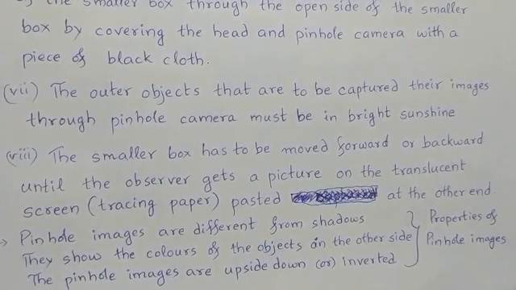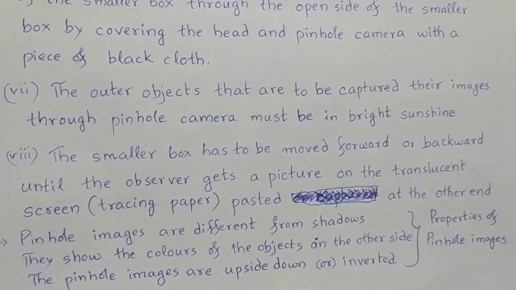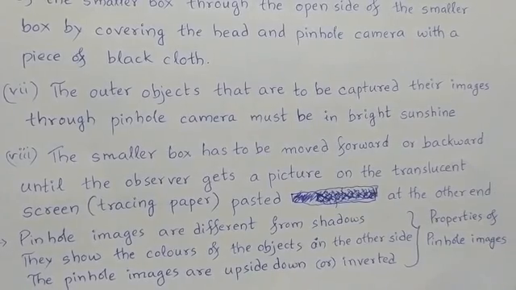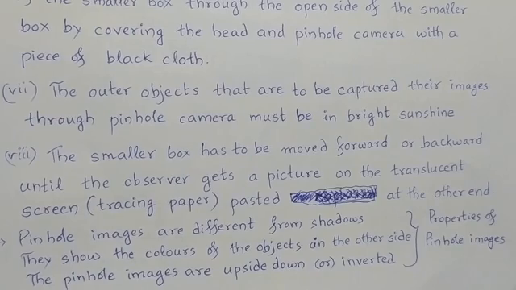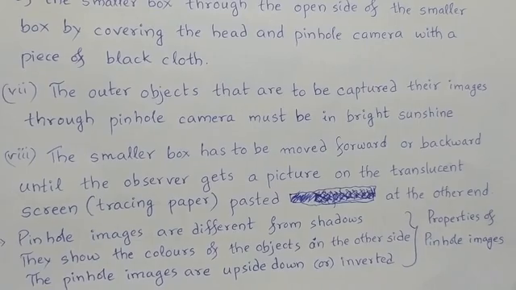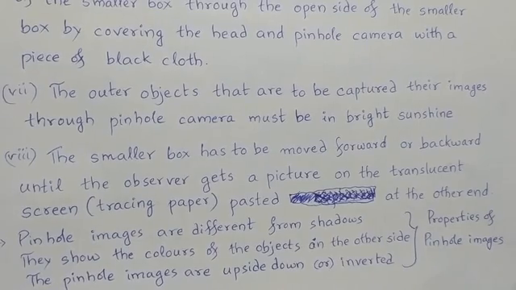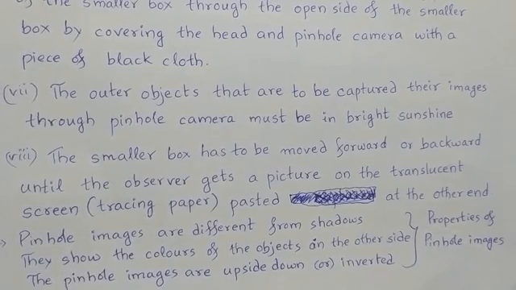The smaller box has to be moved forward or backward. Why? At what point the image is going to be captured on the translucent screen, we don't know. Until we get that image, the smaller box has to be moved forward or backward.